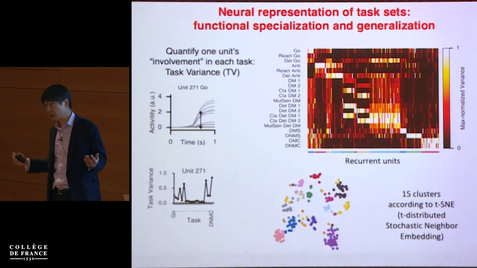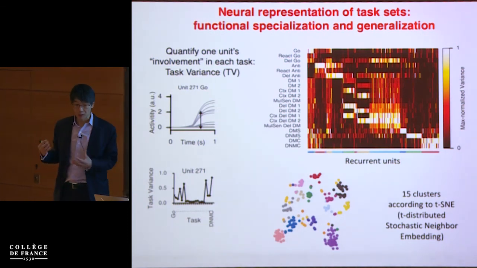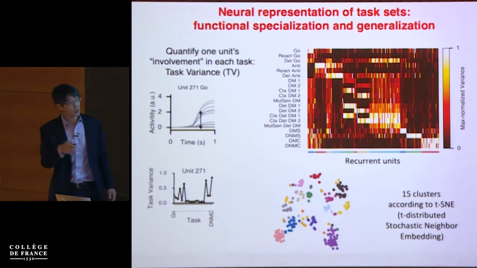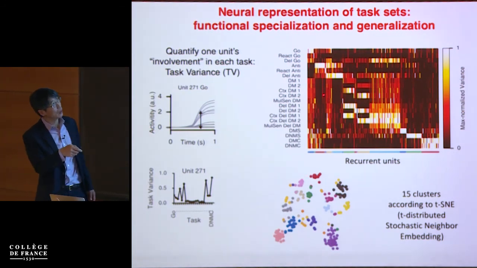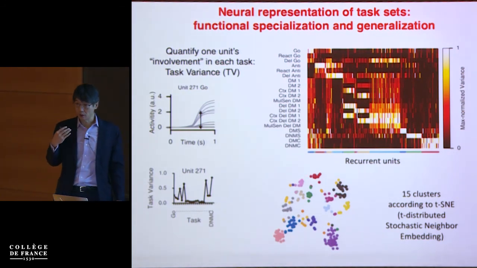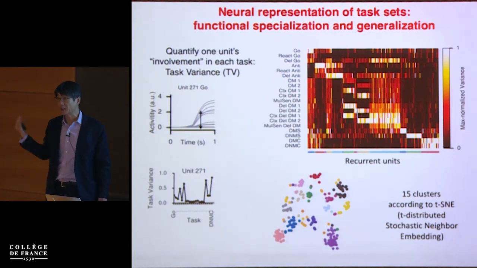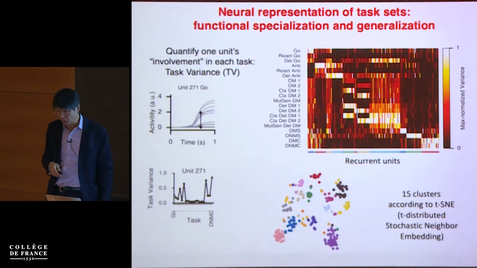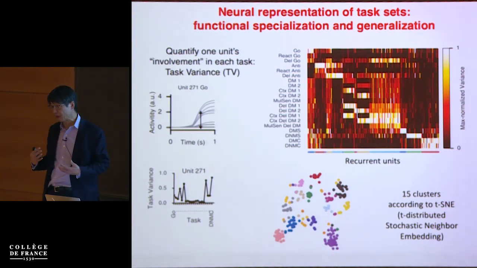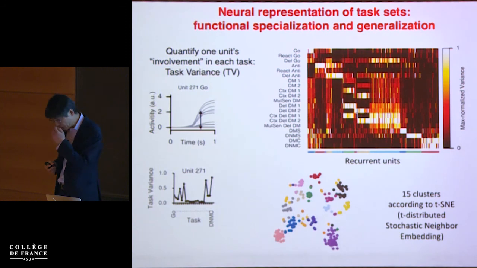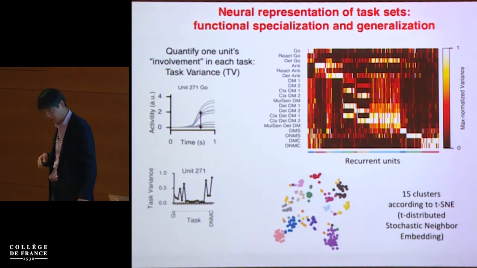And they will not be active if there's no delay. And some other units, like in red, are really engaged only for anti-saccade, when you need to suppress a particular prepotent response, etc., etc. But on the other hand, the same unit can be engaged in multiple tasks, right? So we start to see some kind of generalization of task sets.